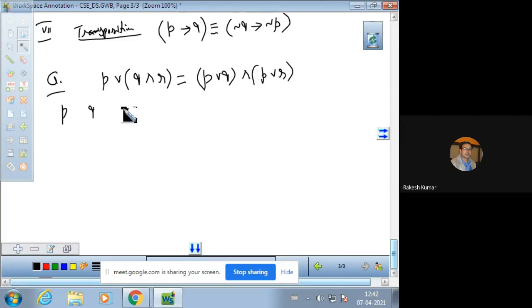So we have to take P, Q, R. Because three statement propositions are there, you have to take eight values.